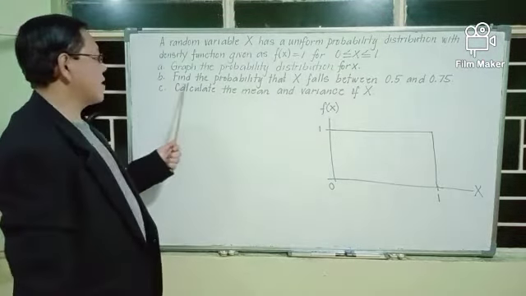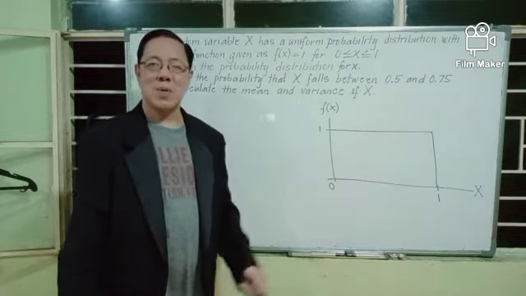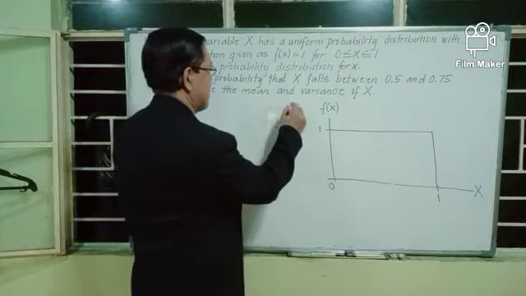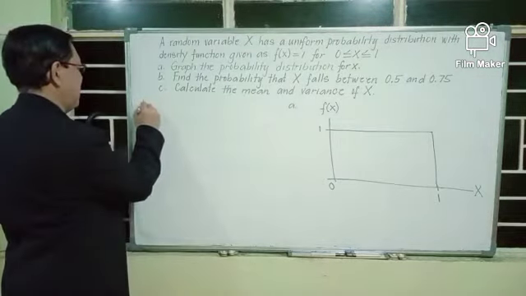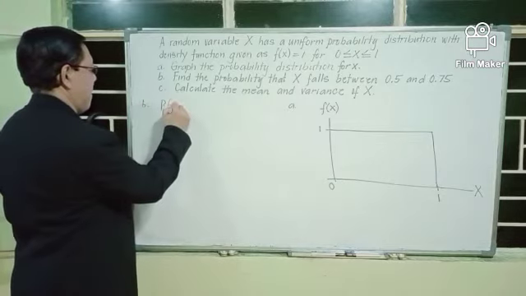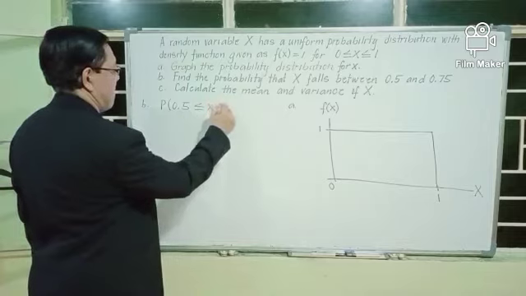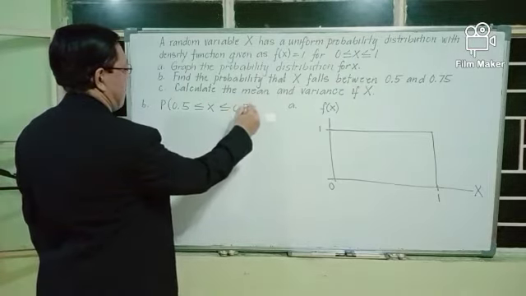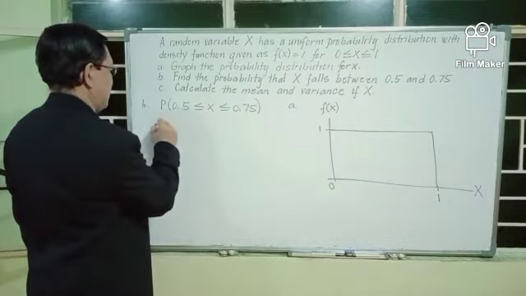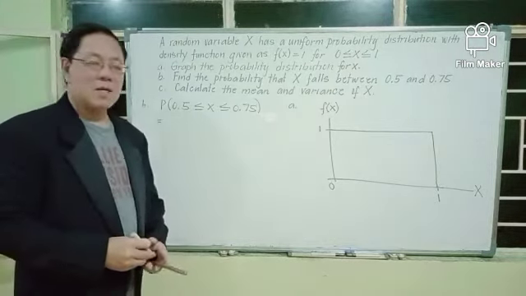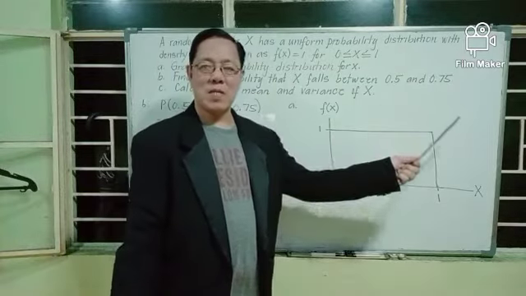For letter B, find the probability that x falls between 0.5 and 0.75. We plot this line interval from 0.5 to 0.75.